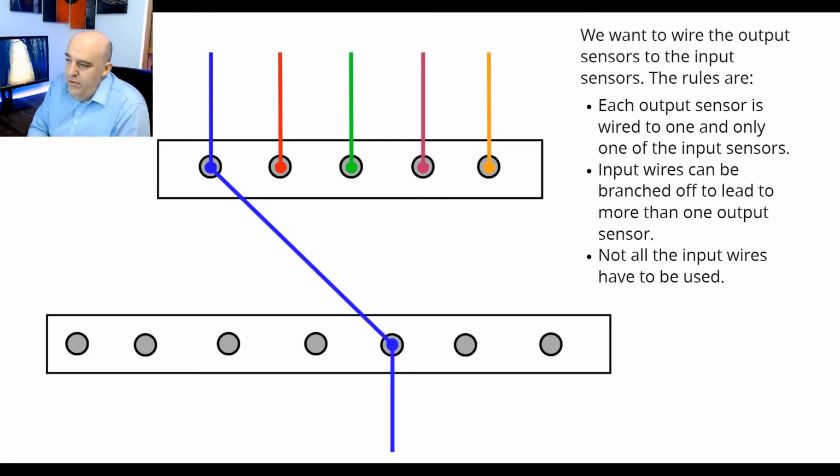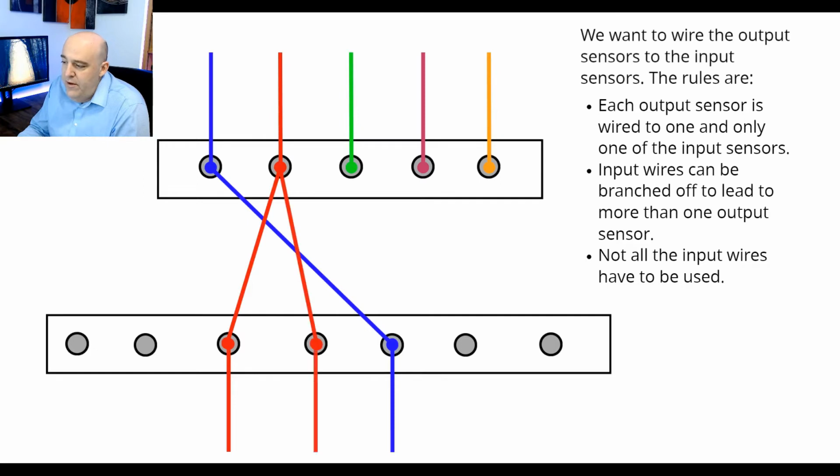Let's say we take our blue wire here and we decide to hook it up to this particular output sensor. And that means if there's a 1, in other words, if there's electricity flowing through that wire on that first position, that electricity is going to carry through that wire and also give a 1 at this output node here. And let's do the same for the red wire. There we go. But remember, we're allowed to branch off.